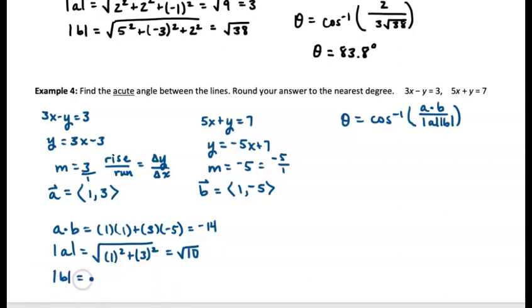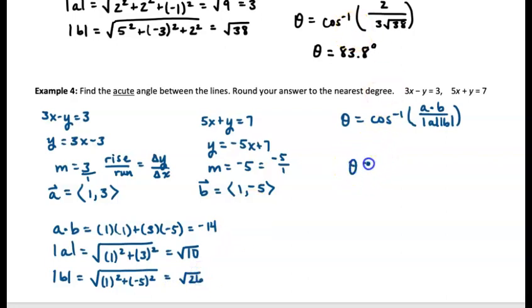And the magnitude of B is the square root of 1 squared plus negative 5 squared, which is the square root of 26, neither of which can be simplified.